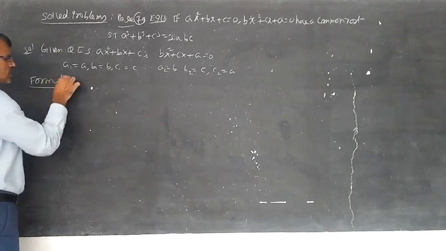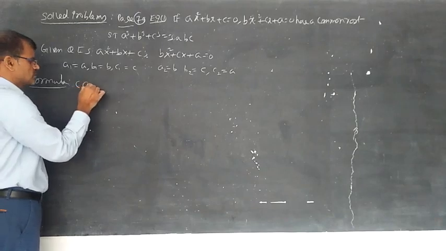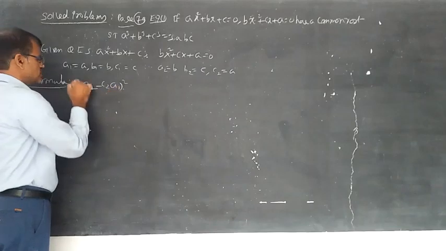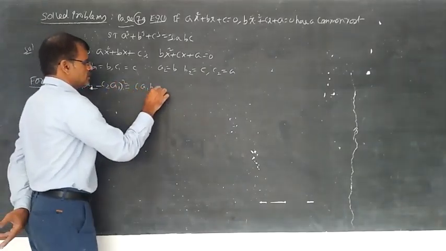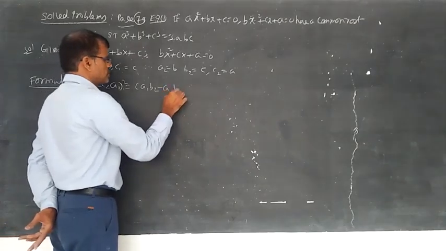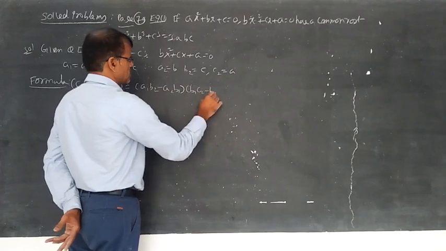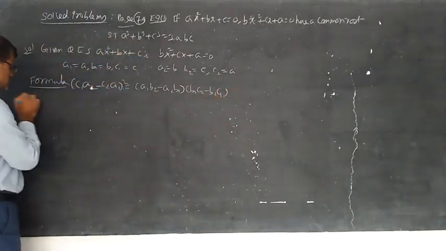While I said the theory, I said please pronounce the formula like this: c1 a2 minus c2 a1 whole square is equal to a1 b2 minus a2 b1 into b1 c2 minus b2 c1.